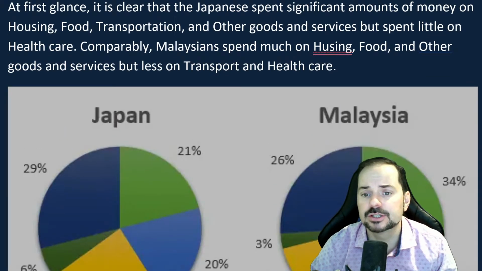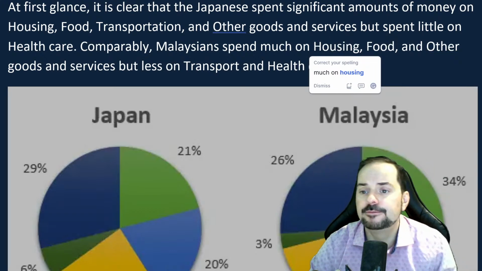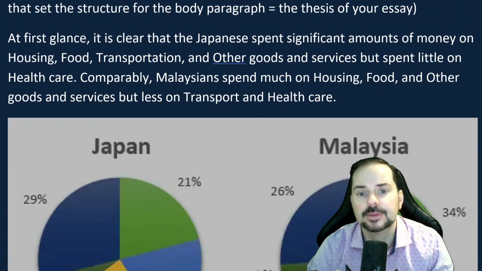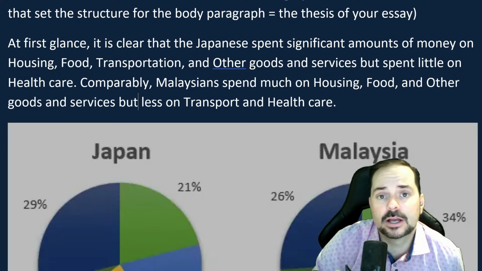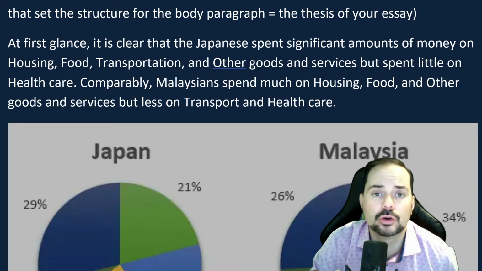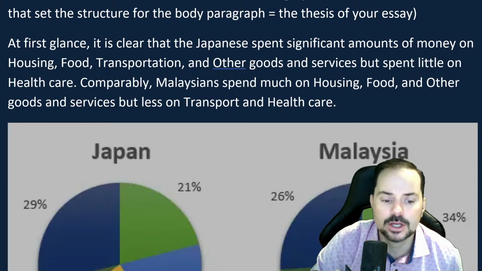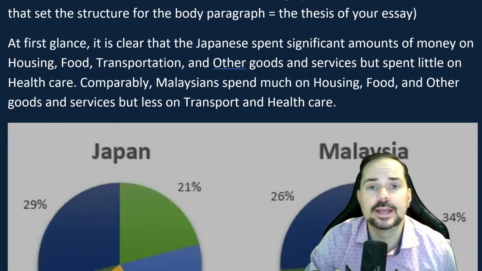Comparably, Malaysians spent much on housing, food, and other goods and services, but less on transport and healthcare. Now that gives me clarity and a good outline. So I'm ready to now go into my analysis.